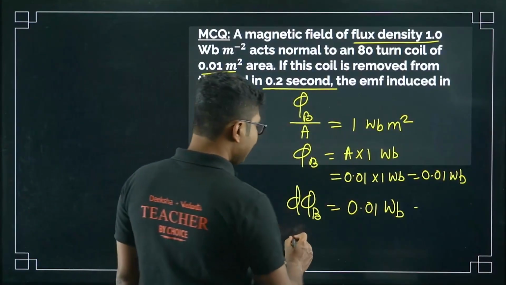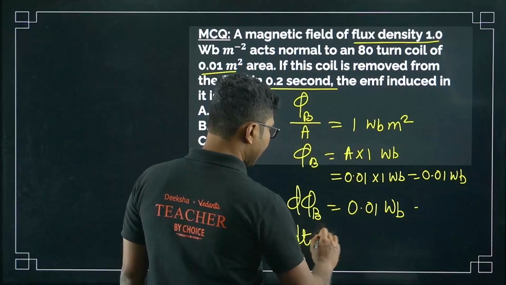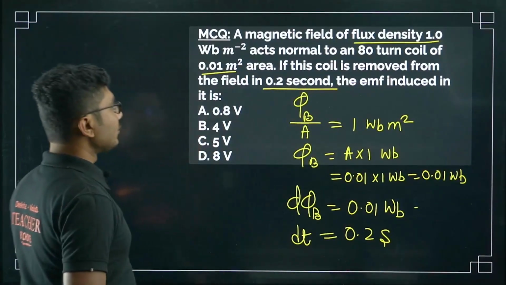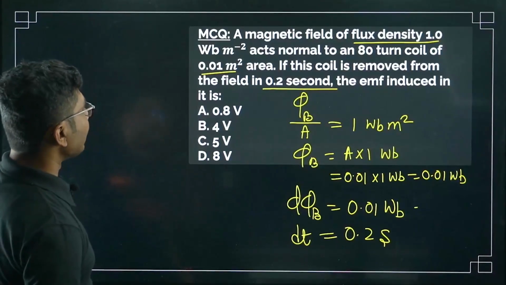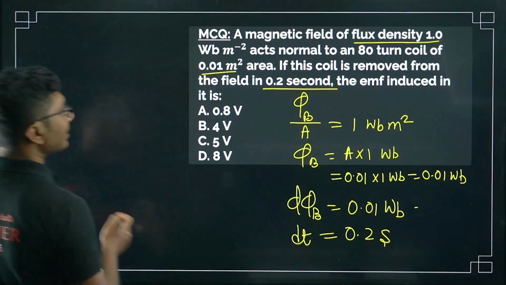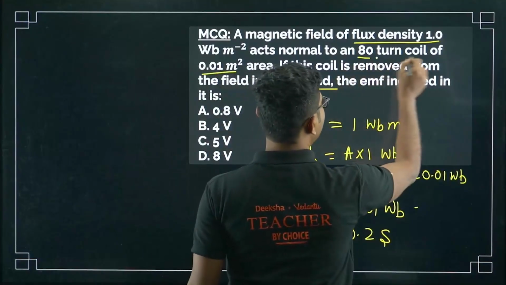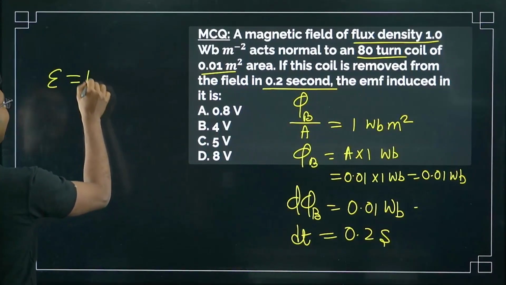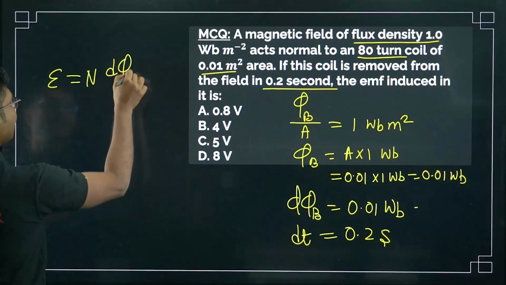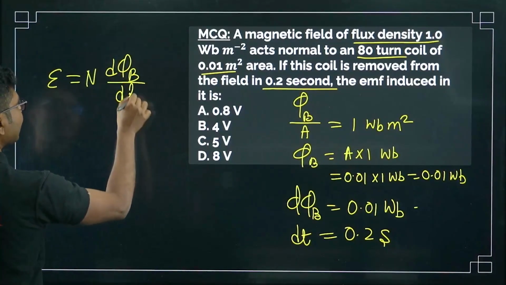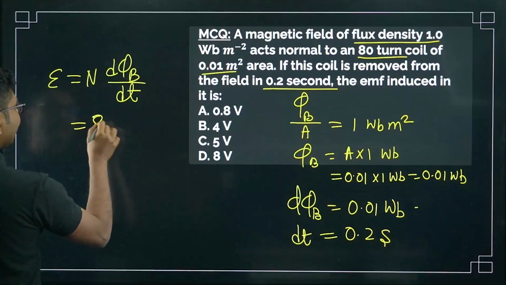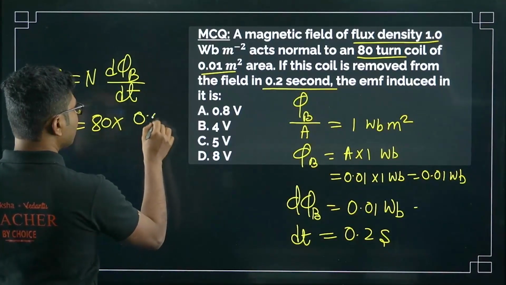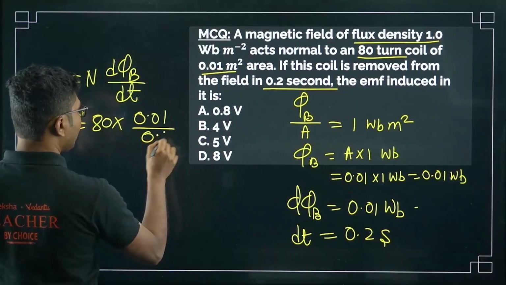Now what is the time dt? Time dt is 0.2 seconds, right? So what is the induced EMF? Induced EMF is basically given by, an 80 turn coil is there, right? So we know that induced EMF is given by N d phi B by dt. The negative sign we are not interested in this case. So 80 turns, d phi B is 0.01, time is 0.2 seconds.